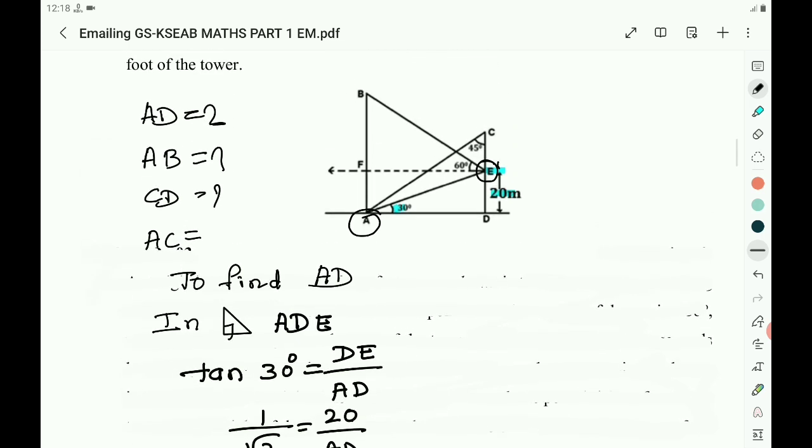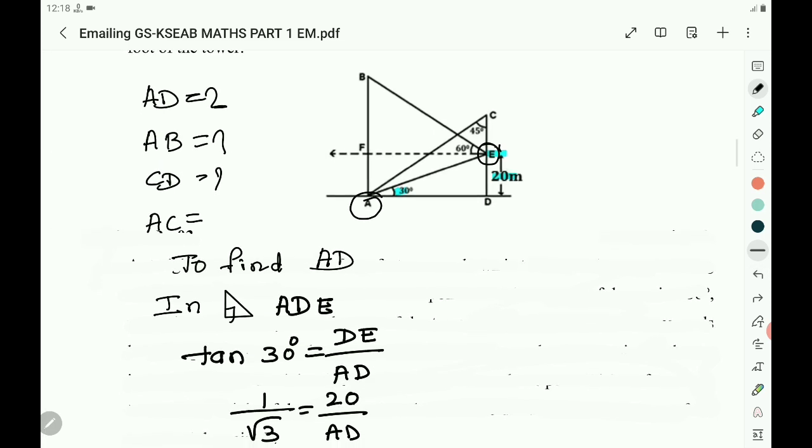One thing you got. Next you take to find AB. AB is the height of the tower. How will you get AB? Here we have to use the right angle triangle BFE.